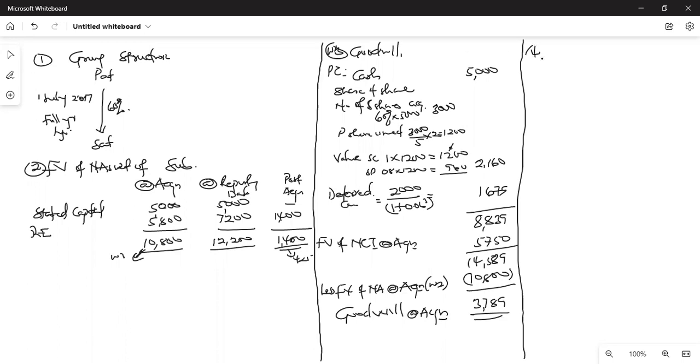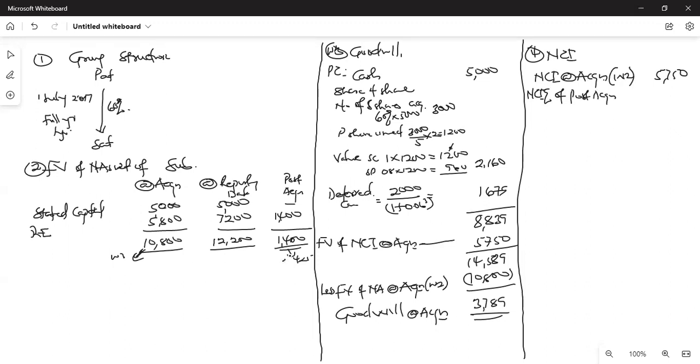Let's go to workings 4. Workings 4 is about NCI. Now, we have NCI at acquisition, which is coming from workings 2. It was given in the question. So that one is 5750. Then NCI share of post-acquisition profit.